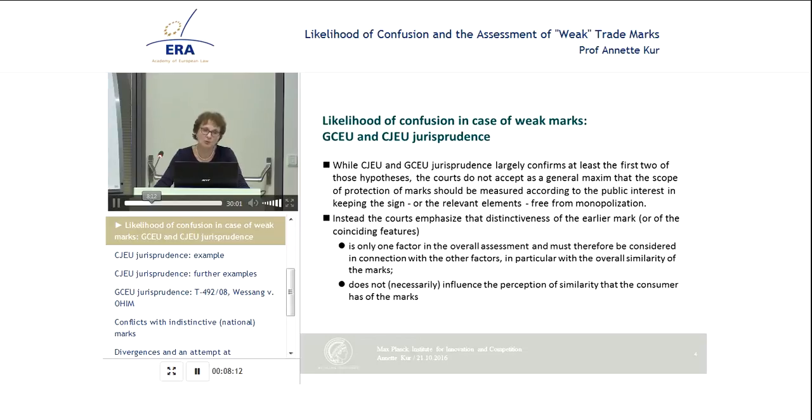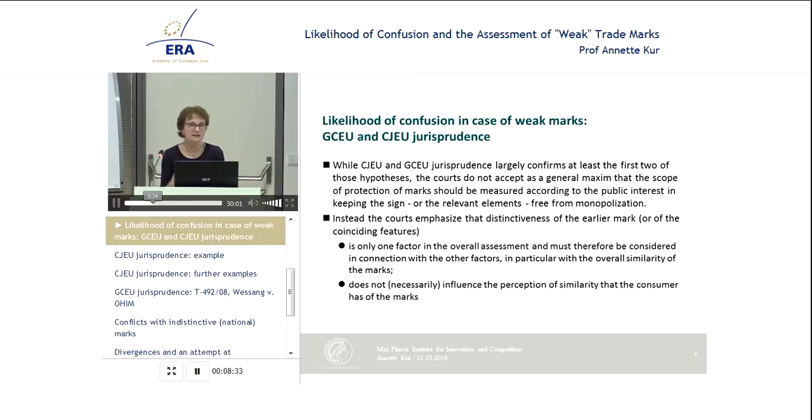Of course, normally there is a correlation between the perception of consumers and the distinctiveness. It is the essence of distinctiveness or of lacking distinctiveness that consumers don't realize or don't perceive a sign or an element as conveying a message about commercial origin.